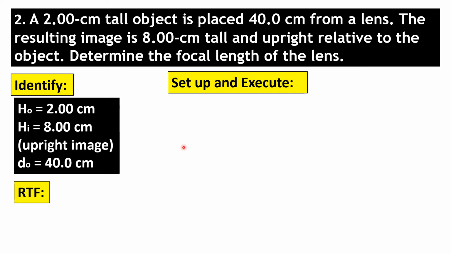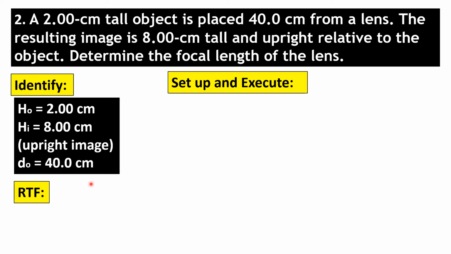For an image that is enlarged and at the same time upright, or erect, the only type of lens that can have those characteristics is in fact a converging lens.